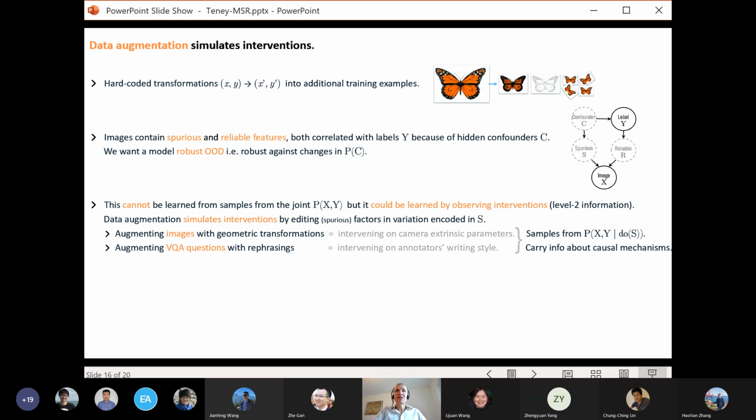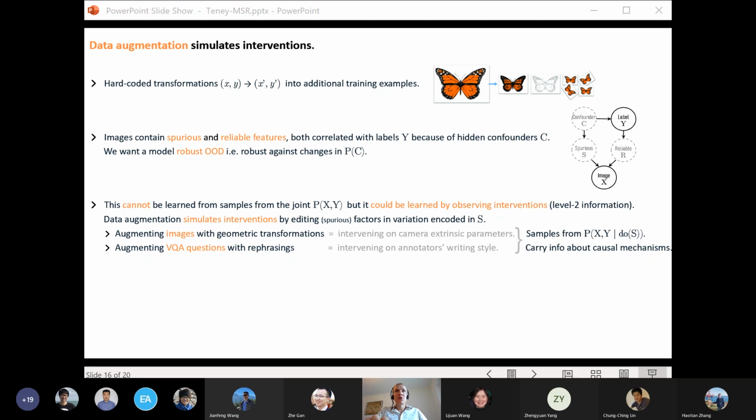Data augmentation basically simulates interventions by modifying the images such that only the spurious features are modified. So for example, let's take data augmentation that applies geometric transformations on images. This is essentially intervening on the extrinsic parameters of the camera.